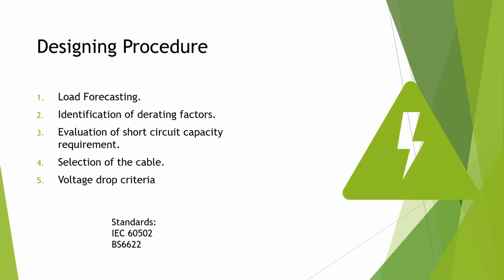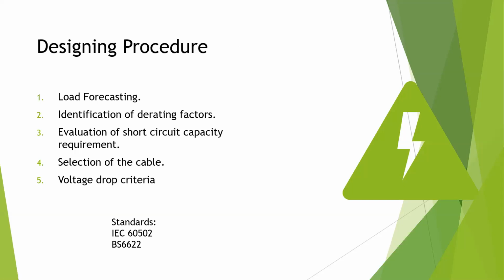The second step is identification of derating factors. I think you know about these derating factors from electrical installations. We use temperature derating factors, which are also called correction factors.